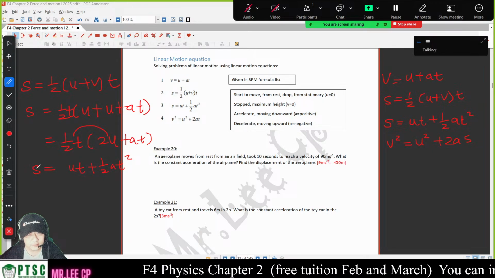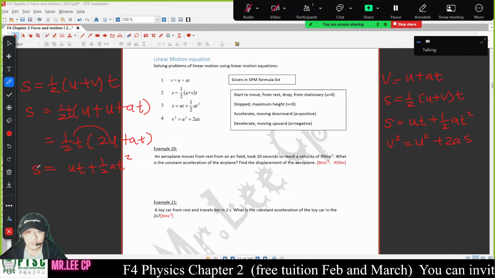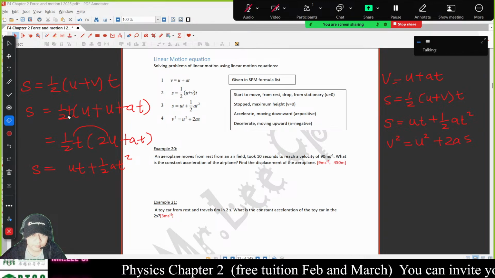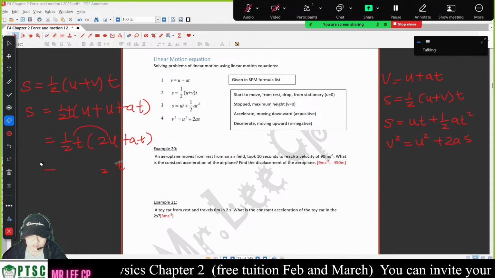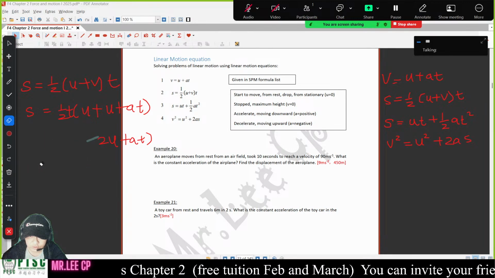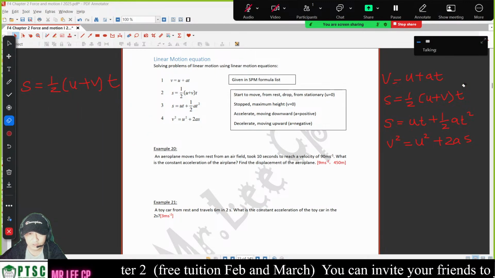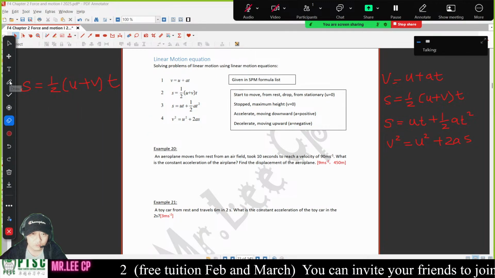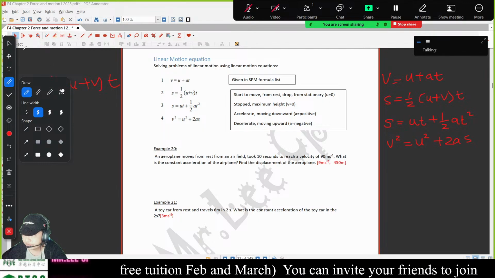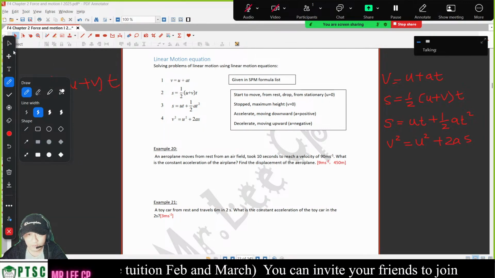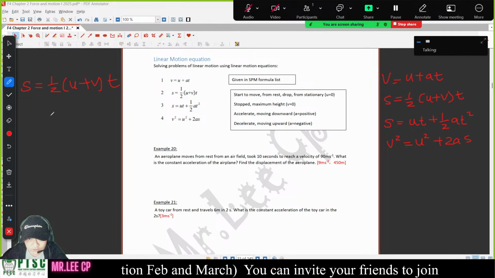So I get this formula. Now the last formula you can also get by substituting the first formula and the second formula. I want to substitute this T away.